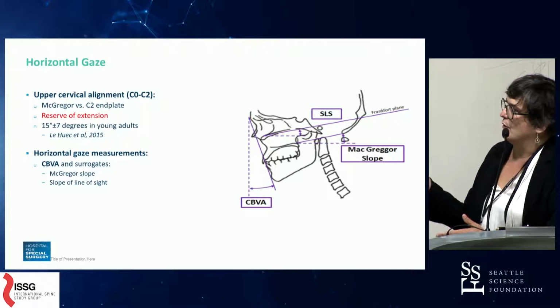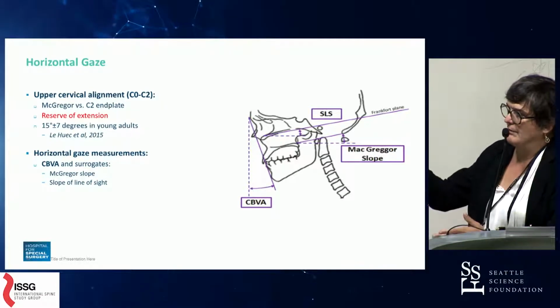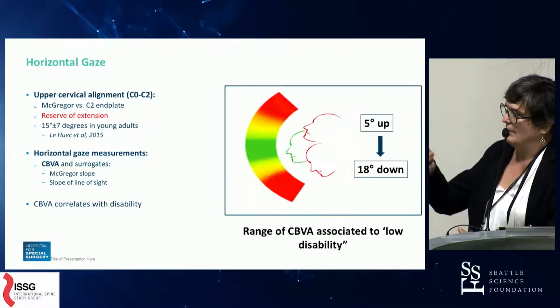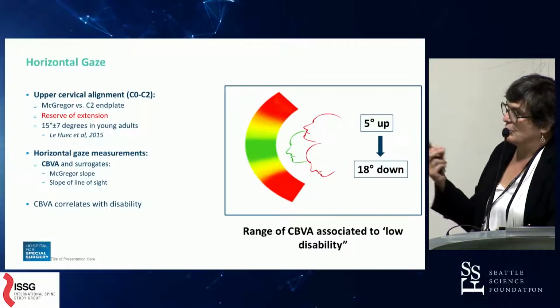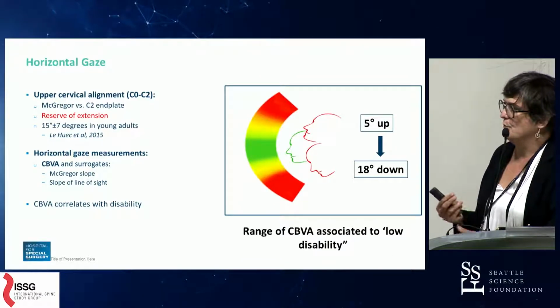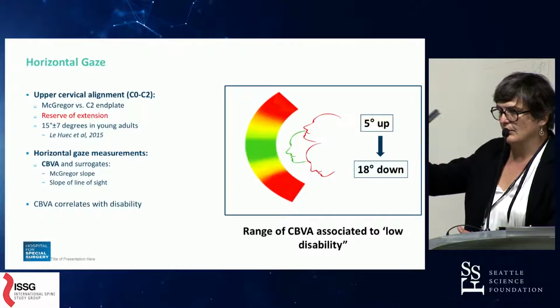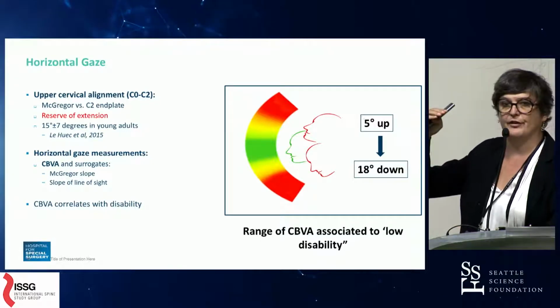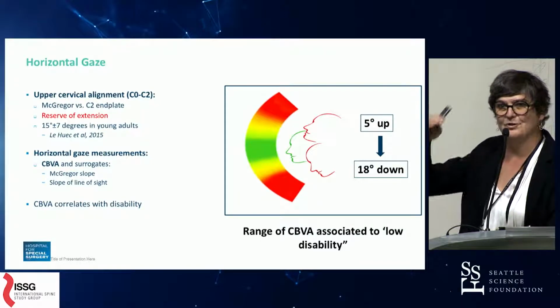And then in terms of horizontal gaze, same, there are numerous parameters, but what seems to correlate from a clinical outcome point of view is: are you able to maintain horizontal gaze and have some reserve to go up and to go down?